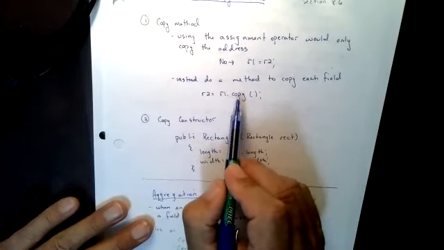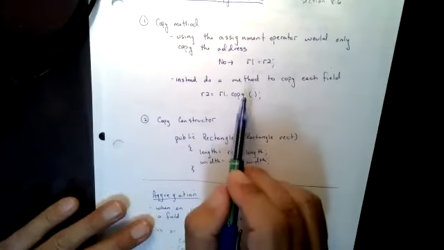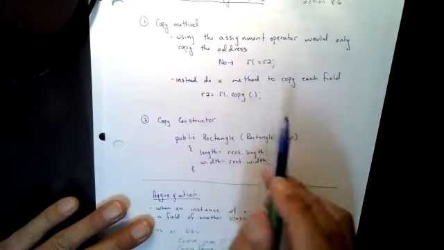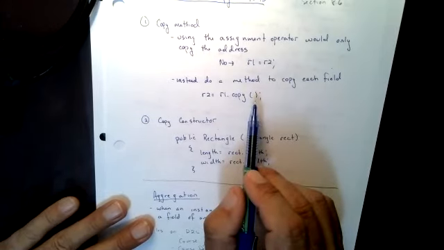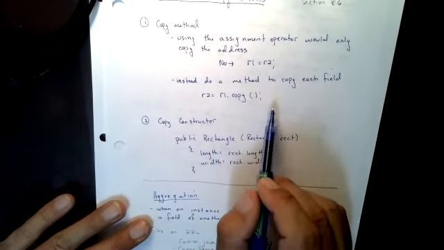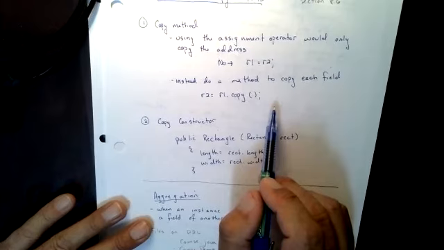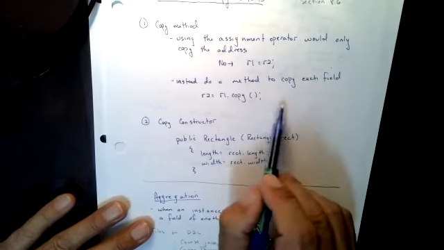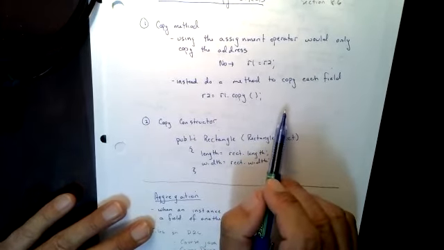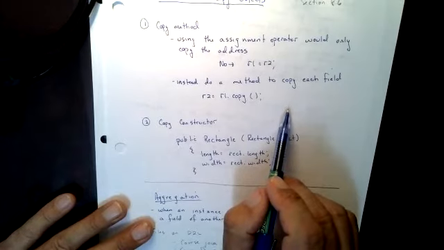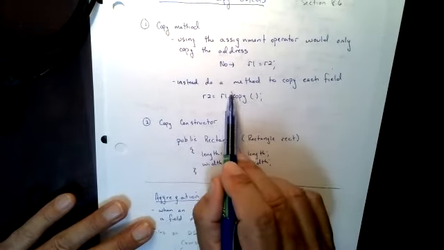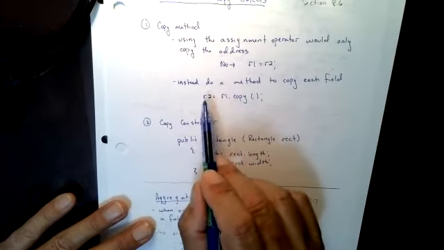And inside of that method is where we would actually have to copy variable to variable, like an int to an int, if that was a field, or a double to a double, if that was a field. Or if I had arrays, now I go into something called deep copy, where I'd have to copy all the individual elements of the array from R1 so that I can get it and store it in R2.